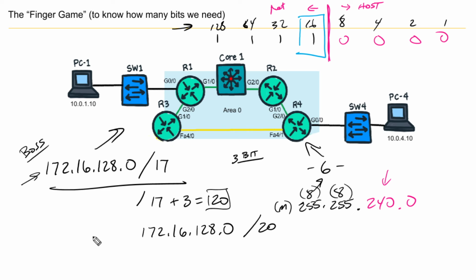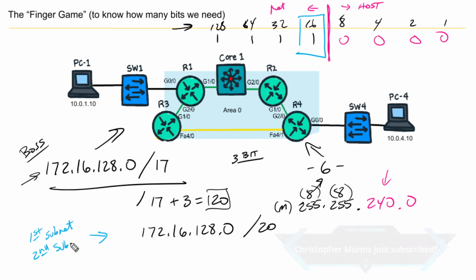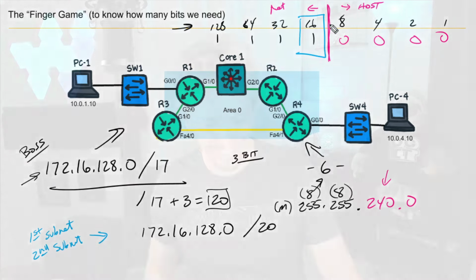With this new mask, if we're doing custom subnetting, this is your first subnet. The first subnet kind of looks like the original network, like 172.16.128. I mean, it looks identical, but it has a longer mask. And then check this out, the second subnet: you take the block size and, I still get chills when I think about this, you just add the block size to that 3rd octet, and that's your next subnet.